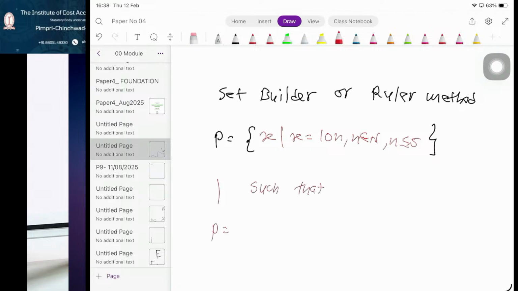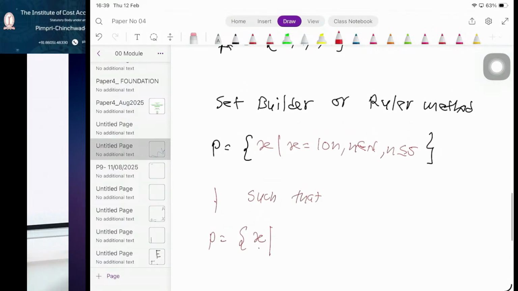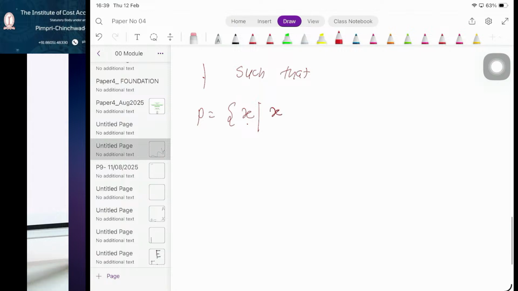When I say P is equal to x such that, you have to read it as: I am defining the set P, x means the member or element, such that x equals 10n.